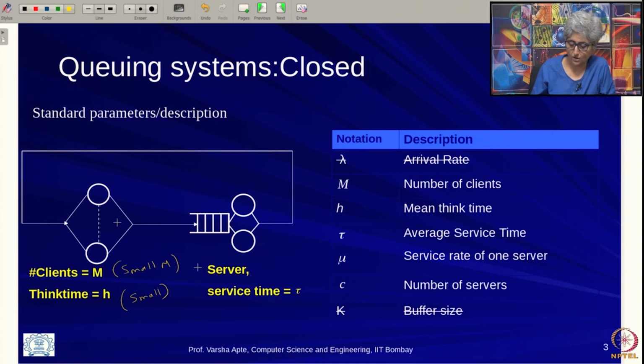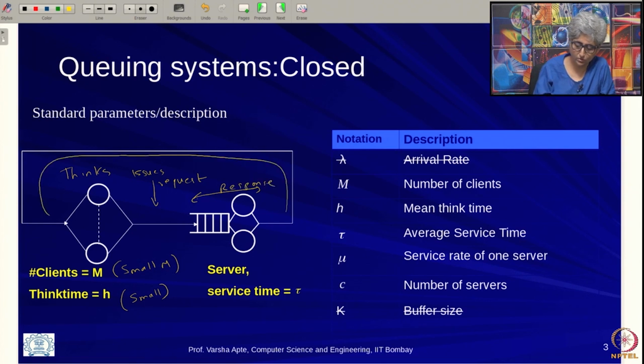So, the basic loop is that a client thinks for some time, then issues a request, then the request is serviced, it gets a response and the response returns to the user. And then again the think, issue request, wait for response loop begins, okay, continues.